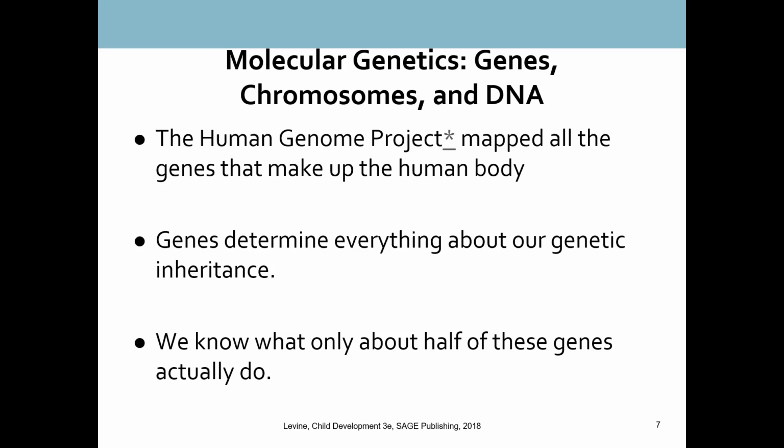Was this result surprising? Well, scientists expected to find at least 100,000 genes within a human, because of all the various proteins that are manufactured within humans to make all of our characteristics.